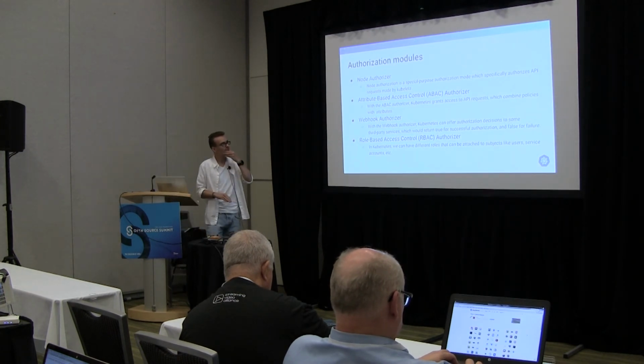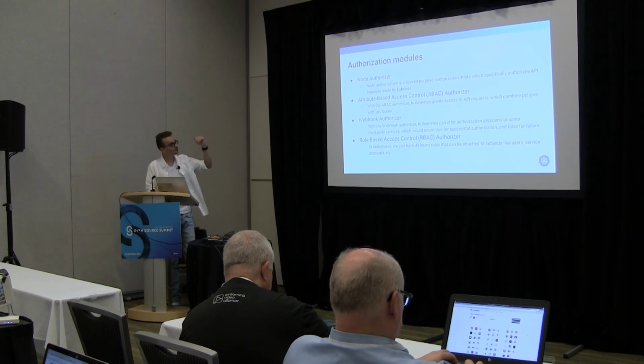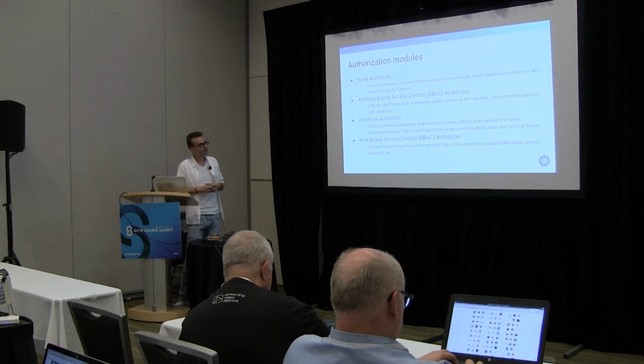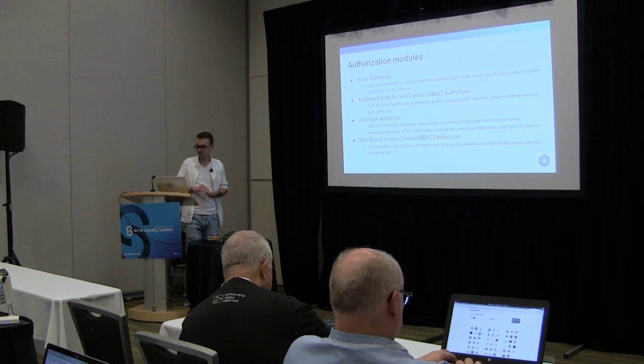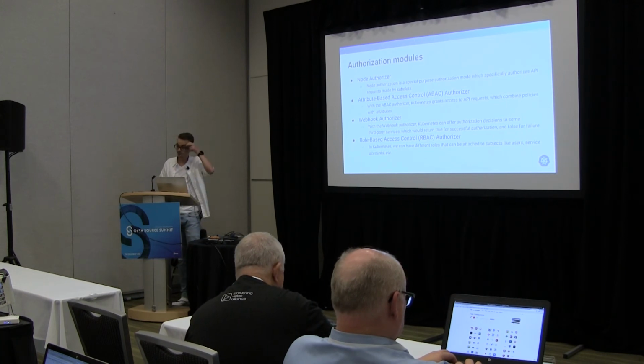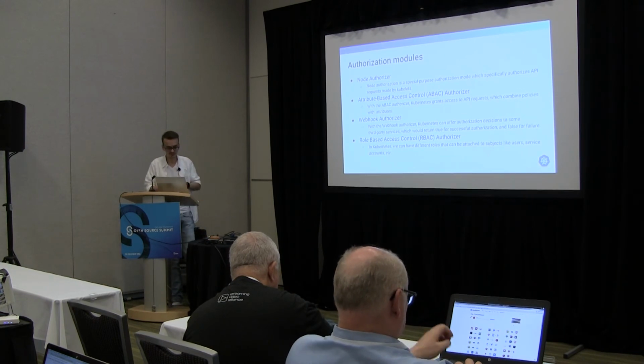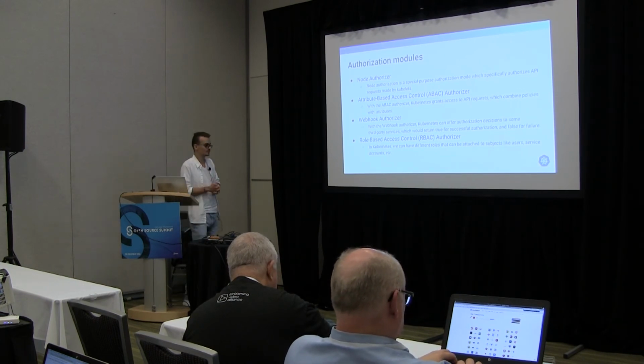The node authorizer is the default one within Kubernetes. There is also the attribute-based access control authorizer, also known as ABAC, the webhook authorizer, that is mostly intended for using with the third-party services, and the role-based access control RBAC authorizer.